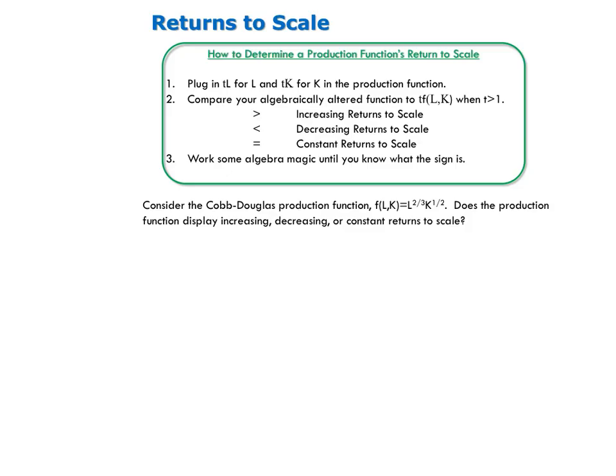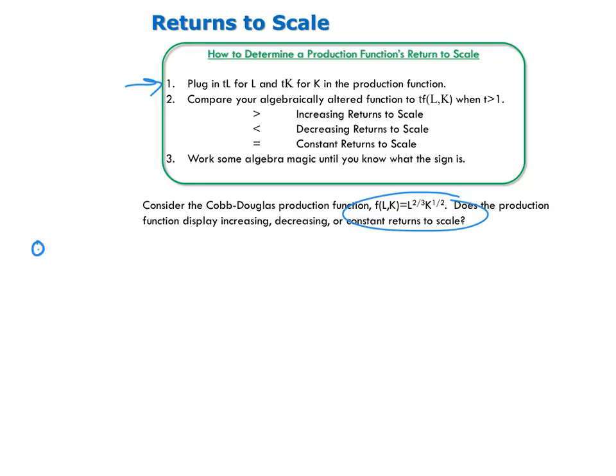Let me show you an example of how to mathematically determine the returns to scale for a specific production function. Here I want you to consider the Cobb-Douglas production function. F of L and K is L to the 2/3 times K to the 1/2. The first step in determining returns to scale is to plug in tL for L and tK for K into the production function.